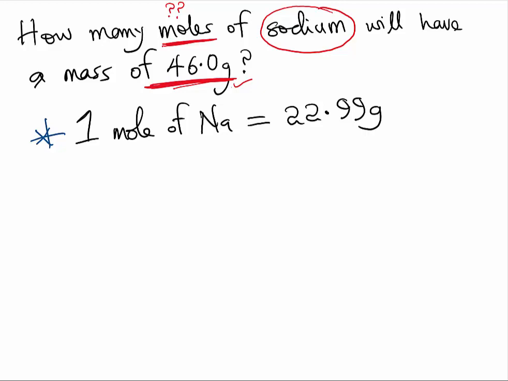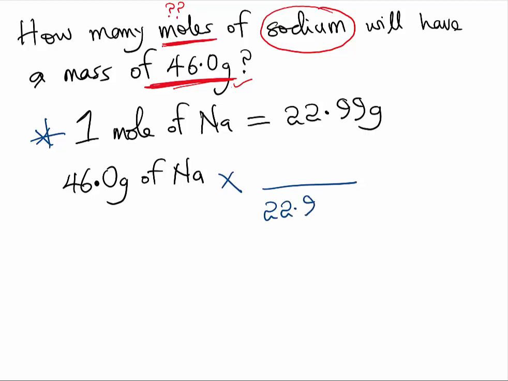Which means that if you have 46.0 grams of sodium, as given in the question, all you need to do is to multiply by the conversion factor, which says that 22.99 grams of sodium is normally equal to 1 mole.